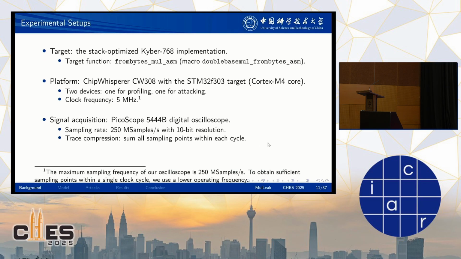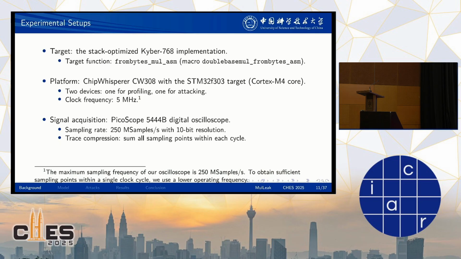Our experiment focused on the macro doublebasemul from the bytes ASM. We utilized the ChipWhisperer platform with the STM32F303 target. In order to reflect a real-world scenario, we use two devices, one for profiling and one for attacking.